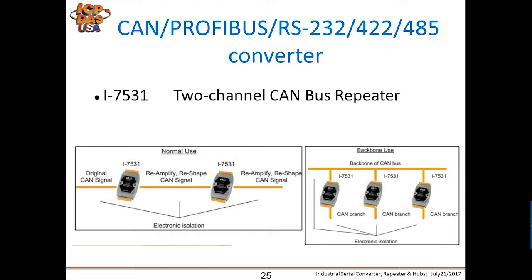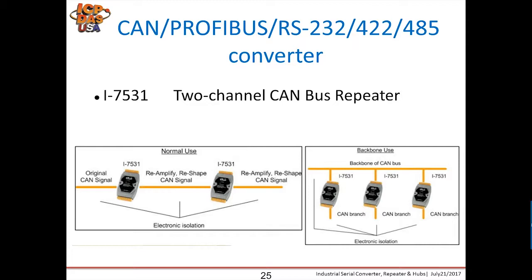It is designed to isolate the noise and disturbance between two CAN ports of I-7531. When the CAN signal is decayed because of the rough bus cable or noise, this module can recover the shape of the CAN signal to the original.